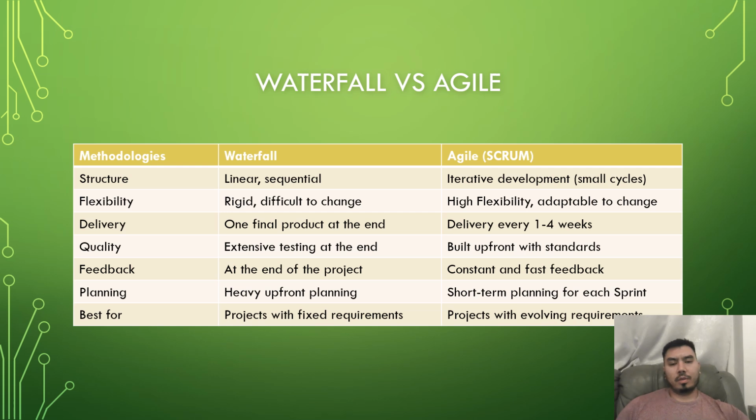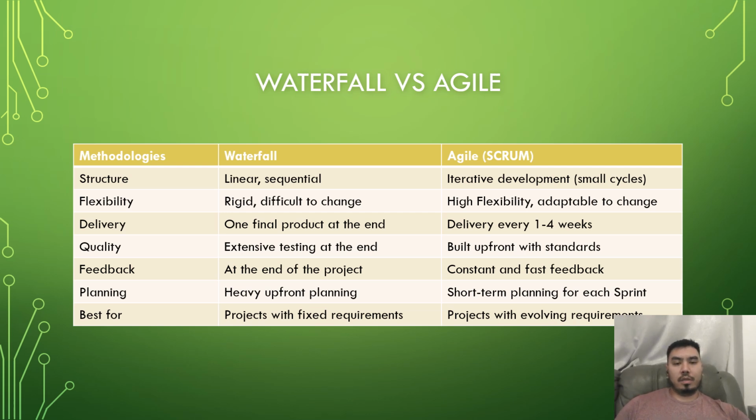So to compare these two methodologies, Waterfall is a linear phase-based model, which is very difficult to change, and it will only deliver one product at the end, and it's only tested at the end as well. It's just suitable for projects with fixed requirements.